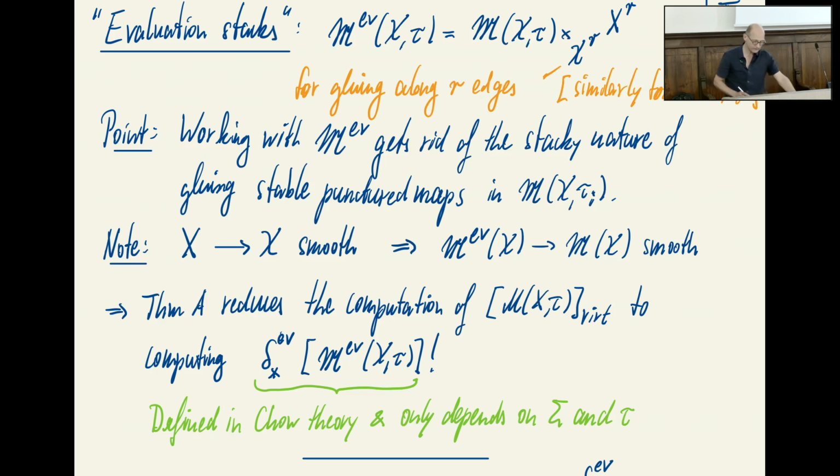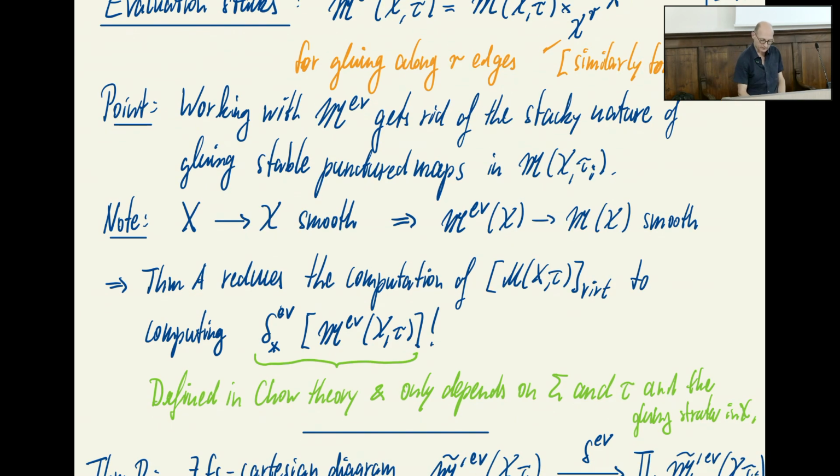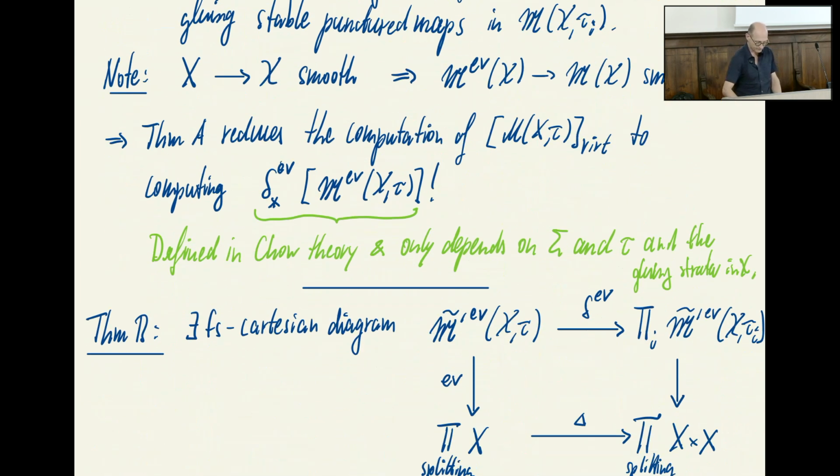It certainly depends on sigma and on tau. That's discrete data, very insensitive to the geometry. And it does depend on the gluing strata. So no finer information. Whatever happens in X away from the gluing strata has nothing to do with this problem of computing that thing.